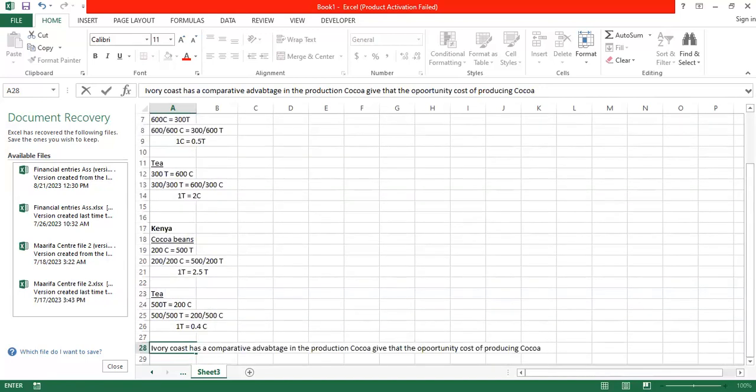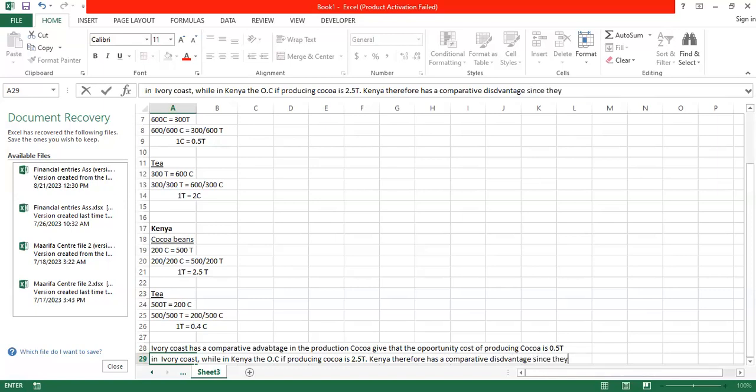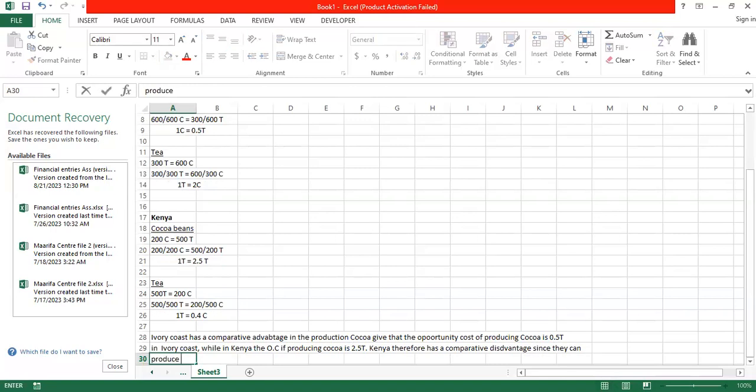Opportunity cost of producing cocoa is 0.5 T in Ivory Coast, while in Kenya, the opportunity cost, let's just say OC, of producing cocoa is 2.5 T. Kenya, therefore, has a comparative disadvantage since they produce at a higher opportunity cost.